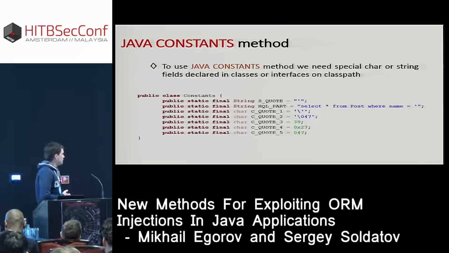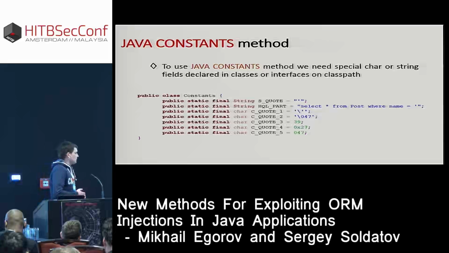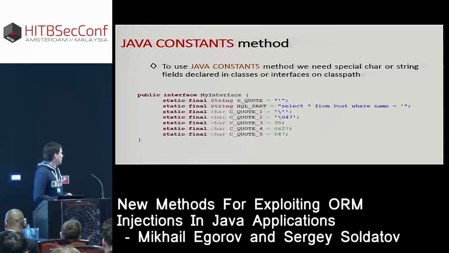On the slide you can see 5 different representations of a single quote for the char type. Or you can use an interface class with static fields. So public is not mandatory because in an interface class all fields are public by default.